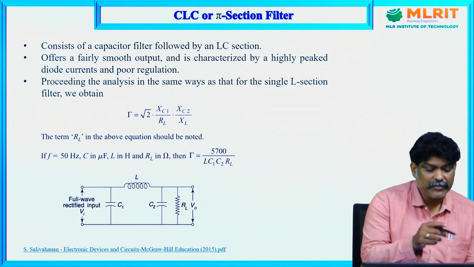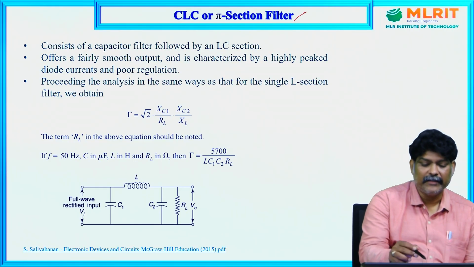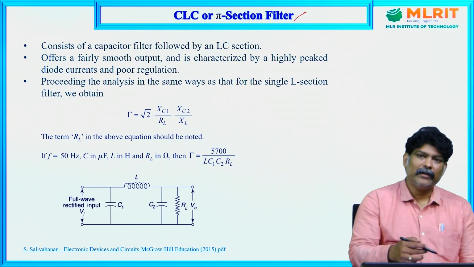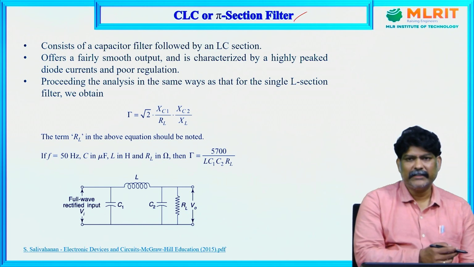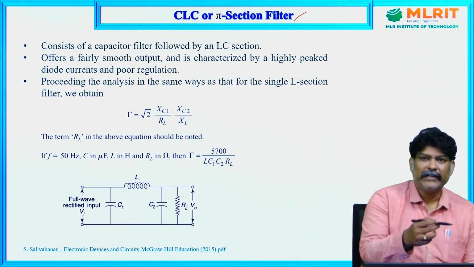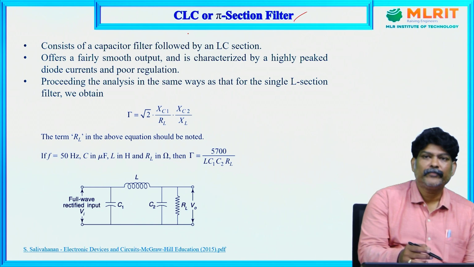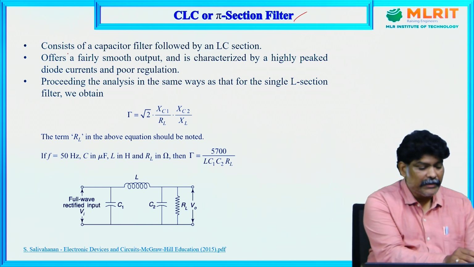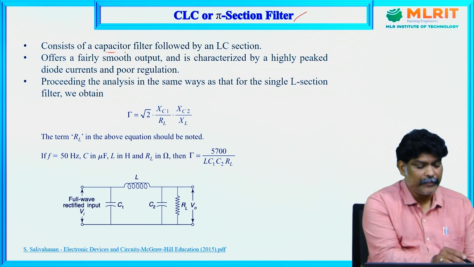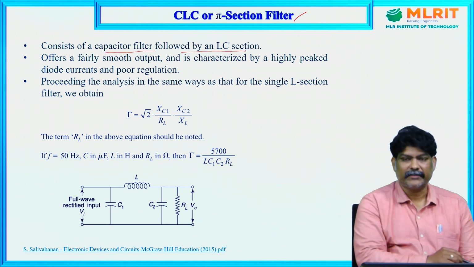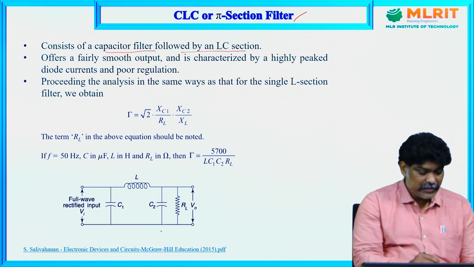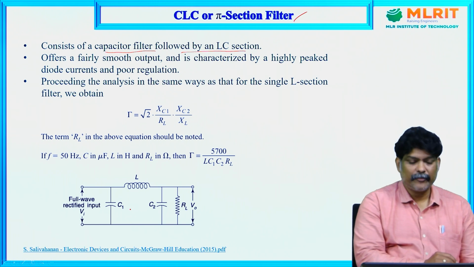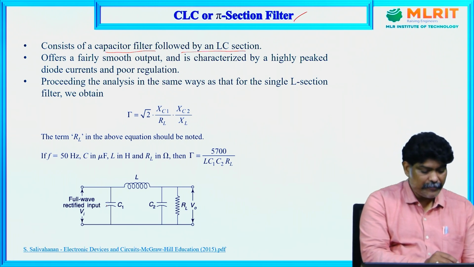Next comes the CLC or pi section filter. We can also increase the filtering of the rectified output using different combinations. The CLC consists of a capacitor filter followed by an LC section. If you observe the circuit diagram of this CLC or pi section filter, it looks like a pi.